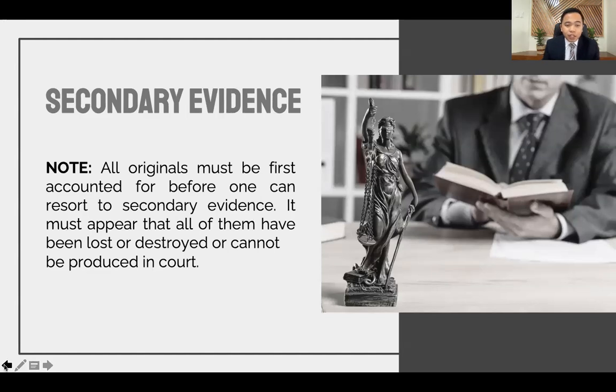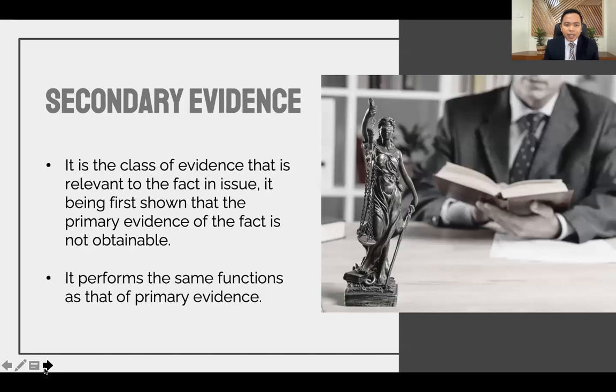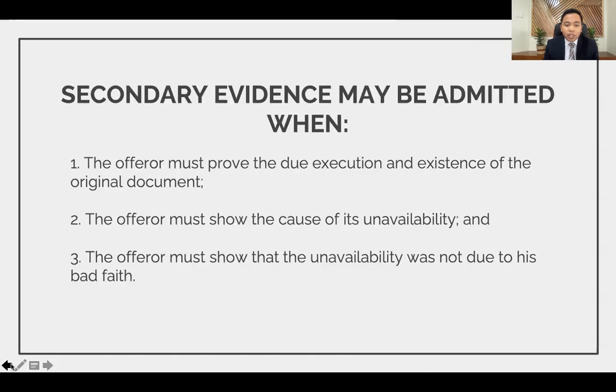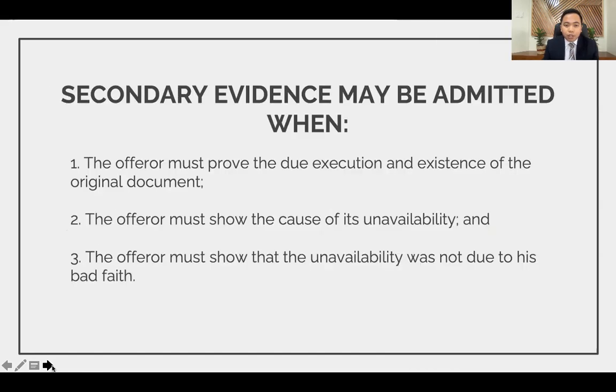So as a general rule, all originals must be first accounted for before one can resort to secondary evidence. It must appear that all of them have been lost or destroyed or cannot be produced in court. This is the only time that you will be allowed to resort to secondary evidence. Again, take note that all originals must be accounted for and that all of them cannot be produced in court.